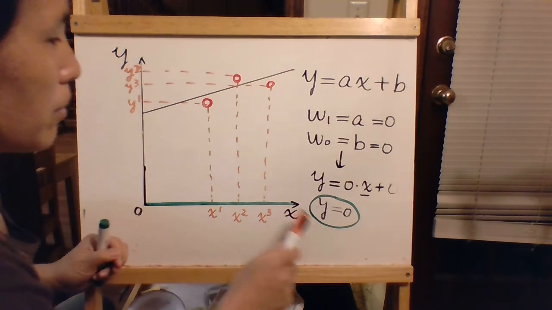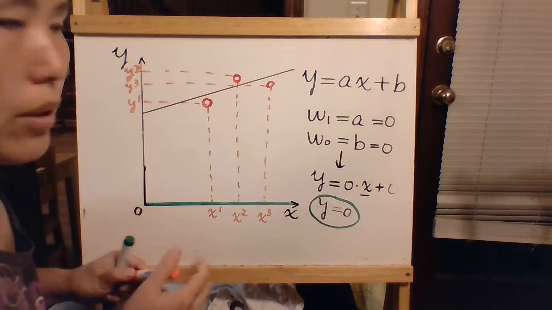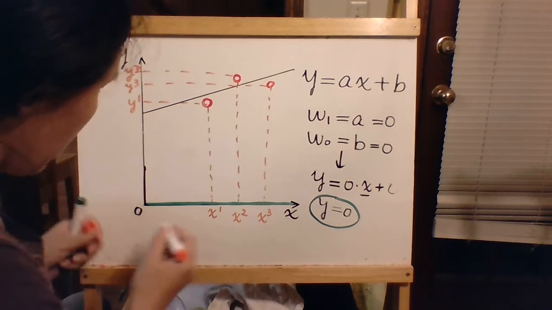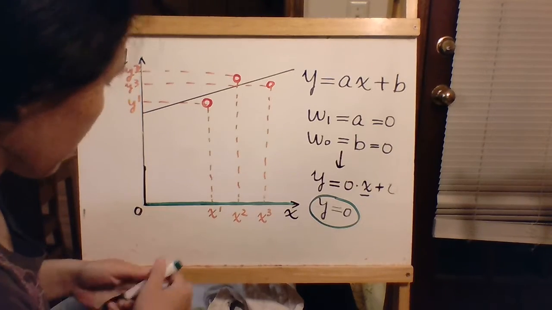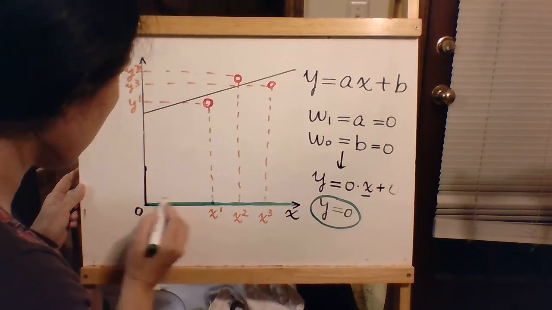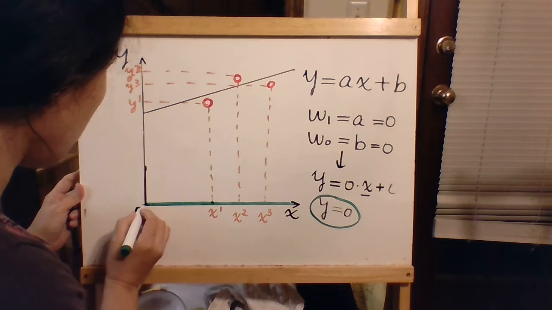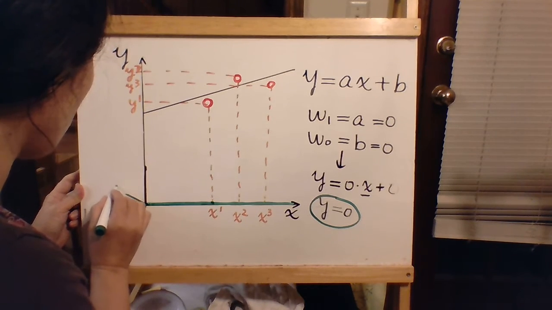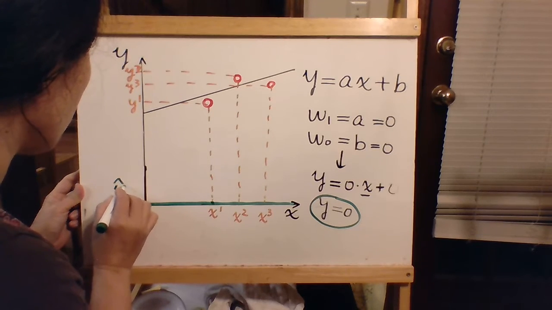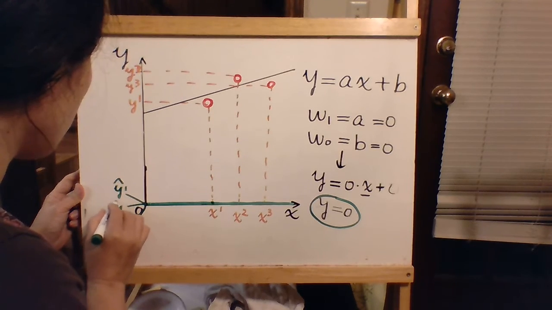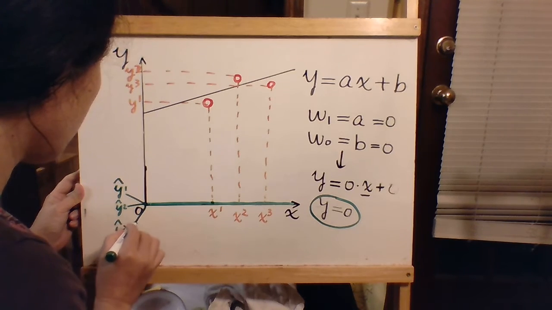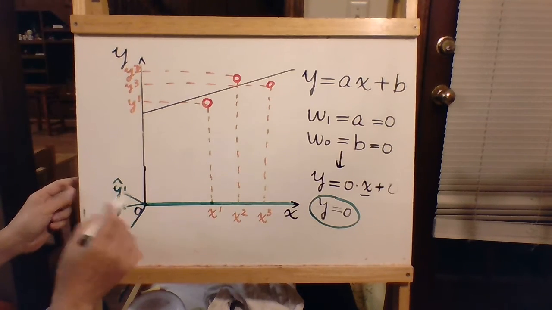How does the machine do this job? Pretty badly. For each x, it gives the prediction of 0, 0, and 0. So it's what I'll call y hat 1, y hat 2, and y hat 3, and they're all 0.